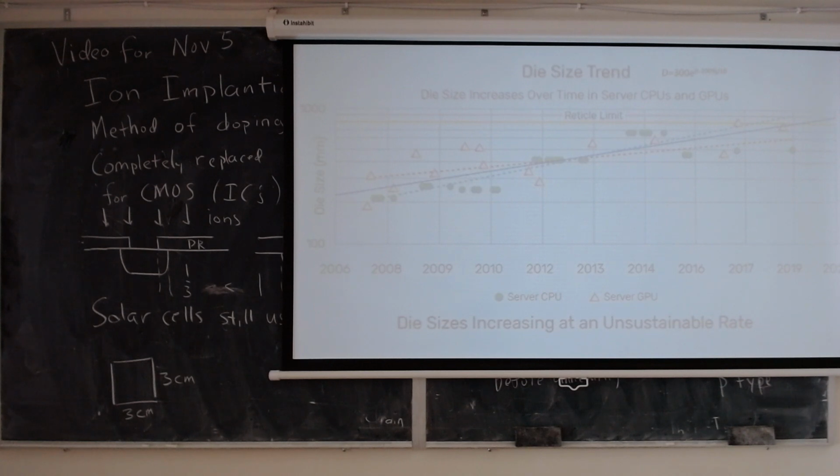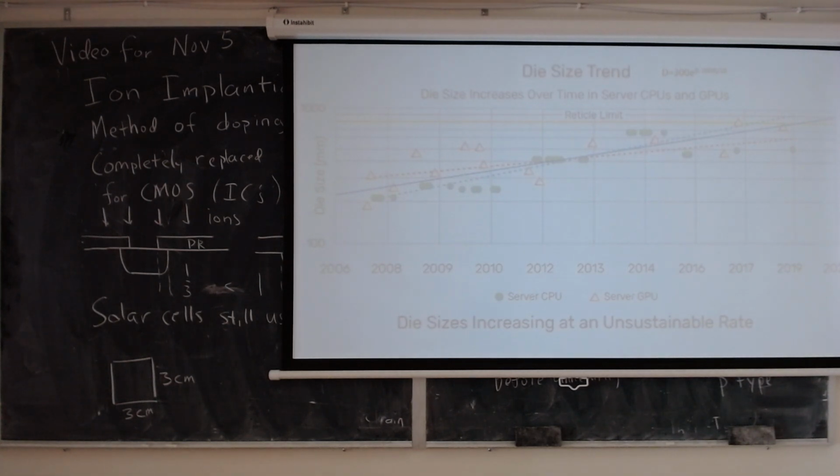And so for a lot of applications, not for cell phones, of course. I mean, three centimeters on a side would fill half the cell phone practically. But in terms of very high-end ICs, we are at what is called the reticle limit. The reticle limit is basically, going back to our discussion of projection lithography, how big an area a projection lithographic machine can produce a good pattern on.